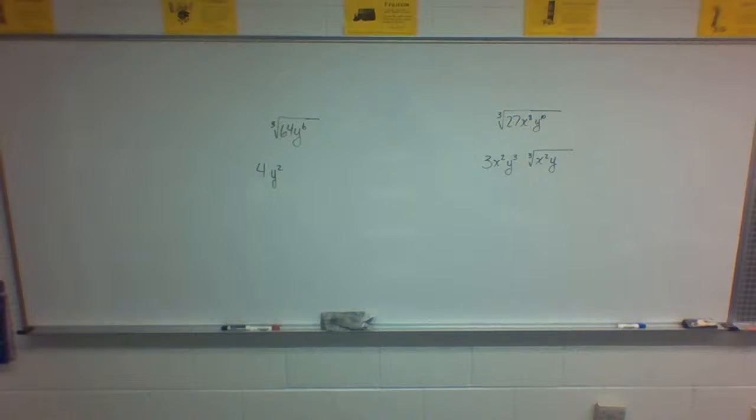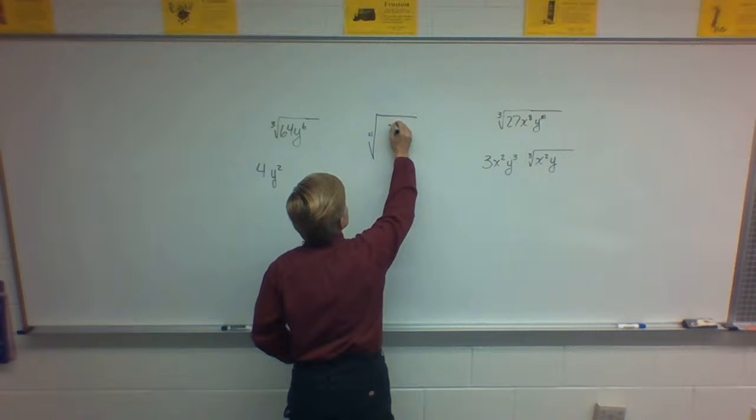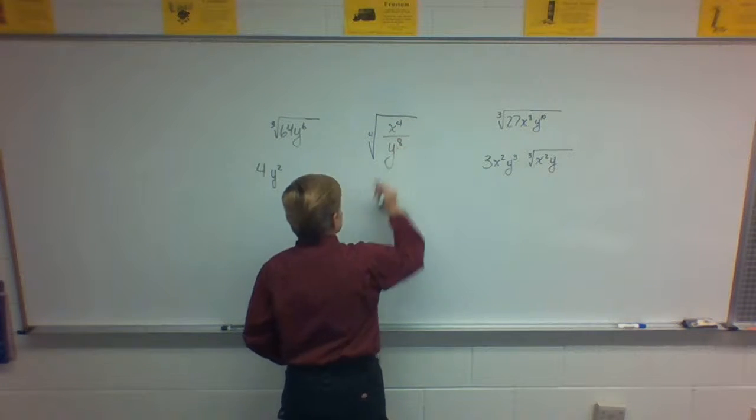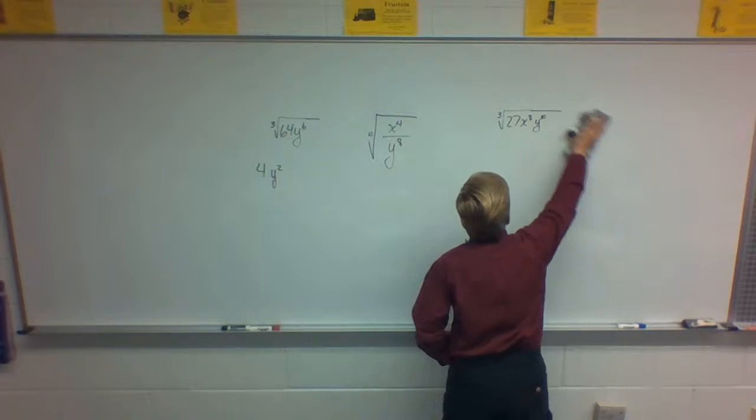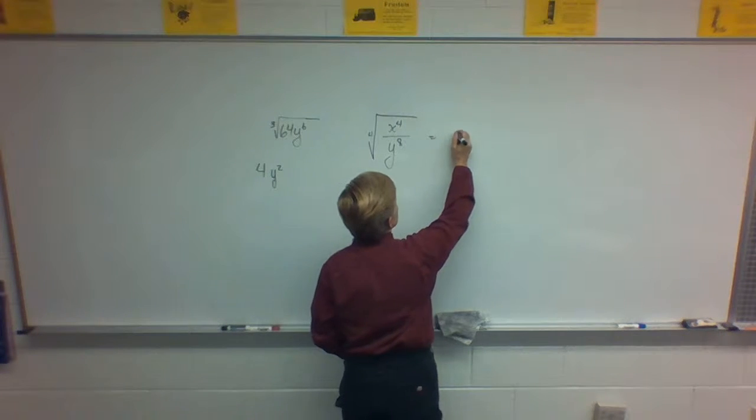Okay, let's try this one. Let's do the 4th root of x to the 4th over y to the 8th. You remember the property of division that you can do each of these separately and consider them one at a time?